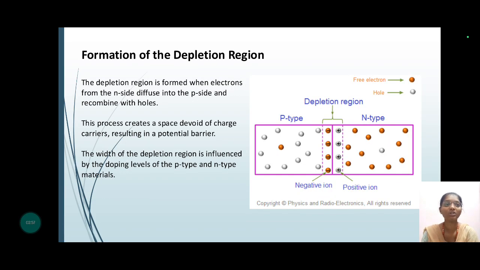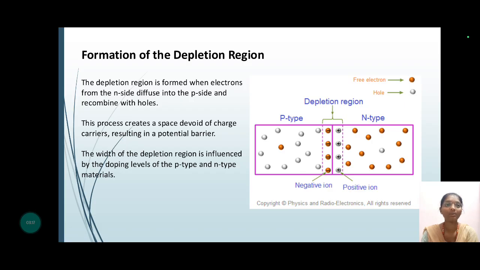Formation of the depletion region. The depletion region is formed when electrons from the N side diffuse into the P side and recombine with holes. This process creates a space devoid of charge carriers, resulting in a potential barrier.